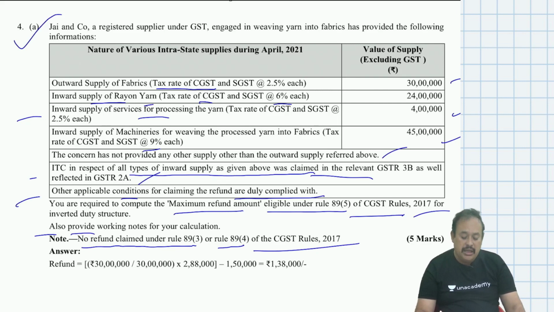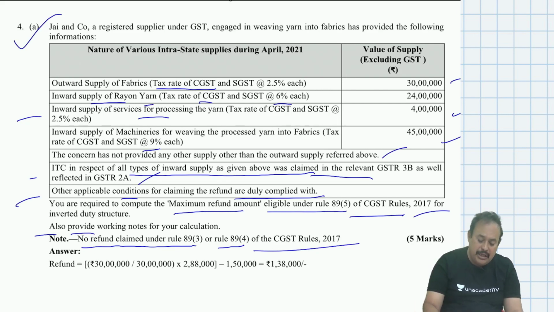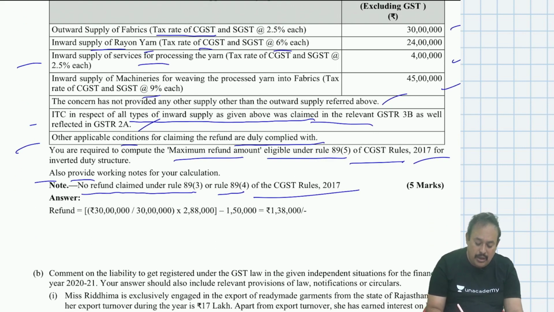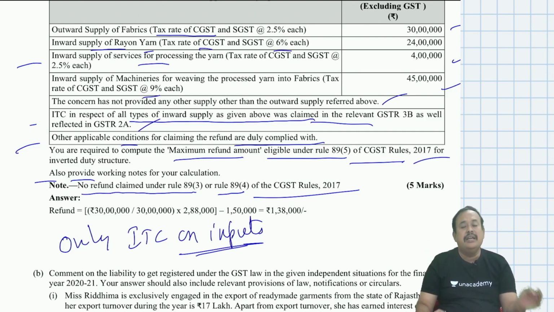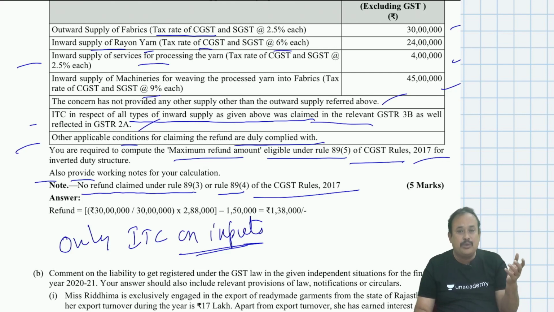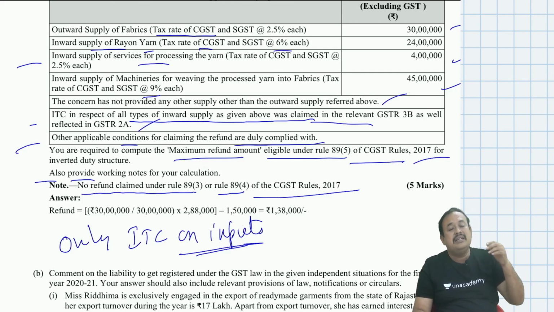Sir, here only I am telling you what is covered. ITC on inputs only will be covered for refund under rule number 89 sub number 5. Input tax credit on input services and input tax credit on capital goods do not qualify for inverted duty structure.